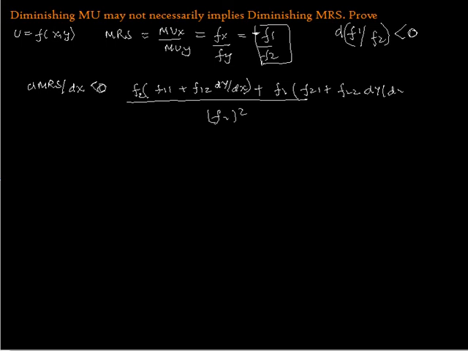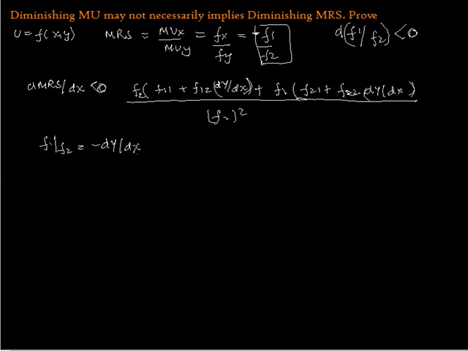Now what exactly is being said is that using the fact that f1 by f2 is equal to minus dy by dx, dy by dx would be equal to minus f1 by f2. I'll write minus of f1 by f2 in this place.